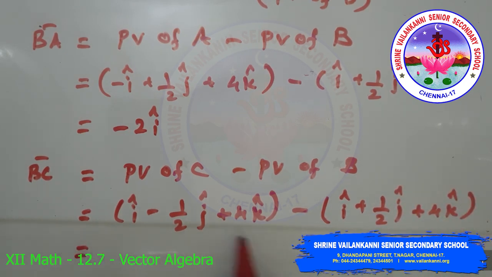So subtracting this, i minus i is 0, minus half and minus half is -1, which is -j, plus 4k minus 4k is 0.